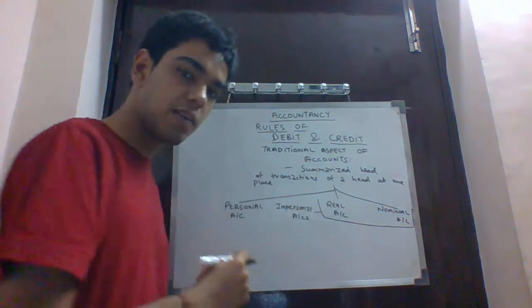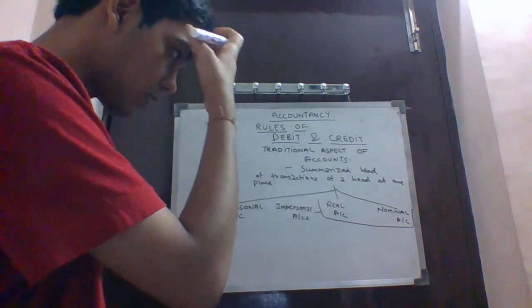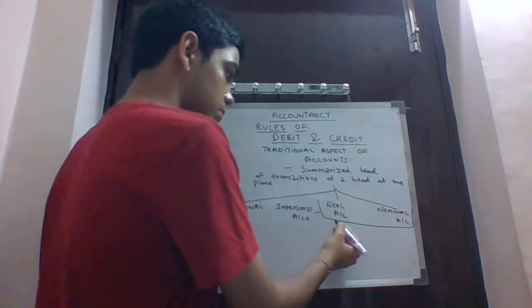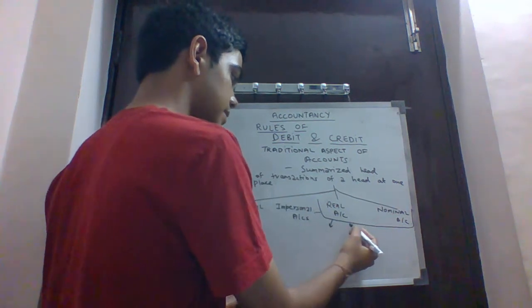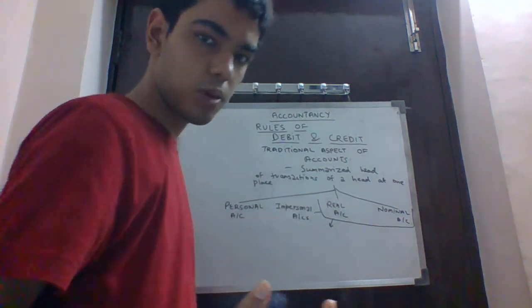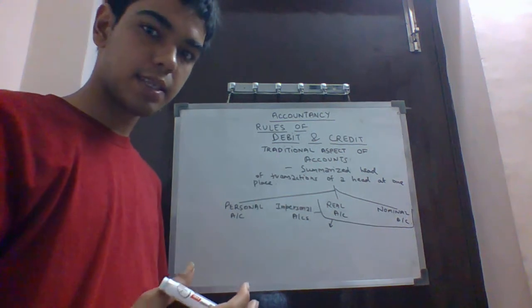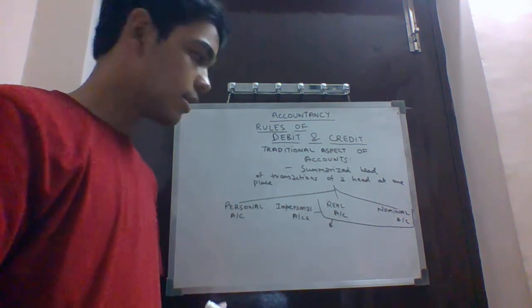That is, they don't deal with persons. Now the real account comprises assets, like what kind of assets, fixed assets and stocks as well.